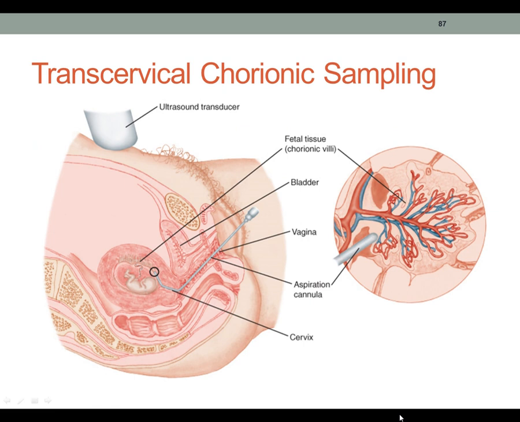This is an illustration showing a transcervical chorionic villus sampling. You can see this is invasive. We actually have to go in through the vagina so that we are able to access fetal blood and fetal tissue, and we use an ultrasound to guide it.